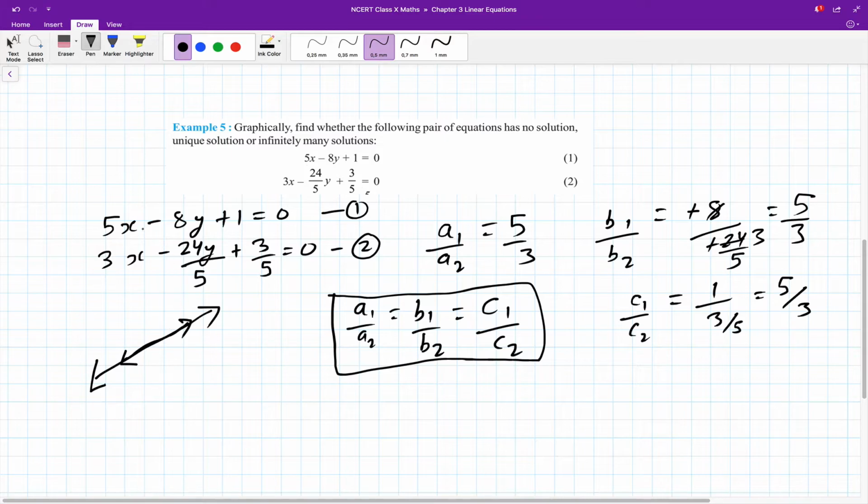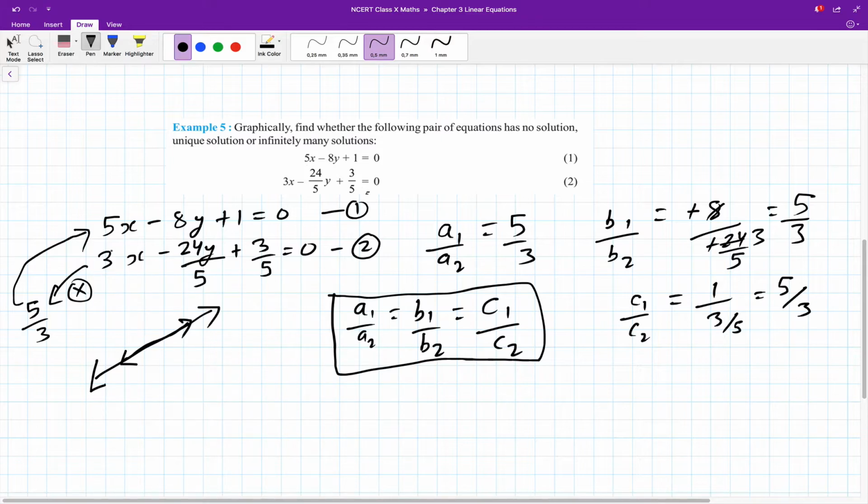In fact, if you have a close look at the equation, and if you multiply equation 2 by 5 by 3, then what you get is this equation. So 3 will cancel, you'll get 5x, the 5 will get cancelled, you'll get minus 8y, and this will be 1.